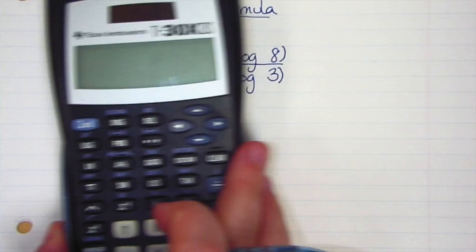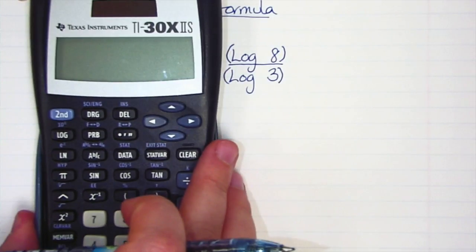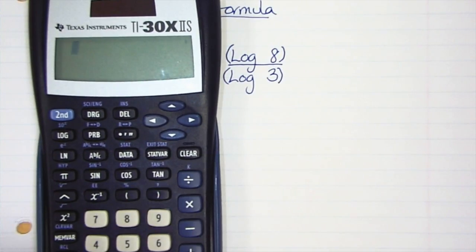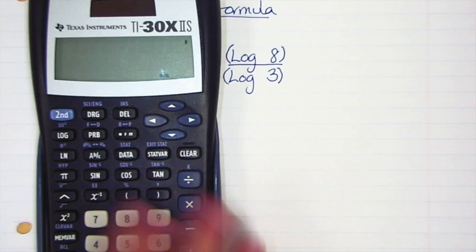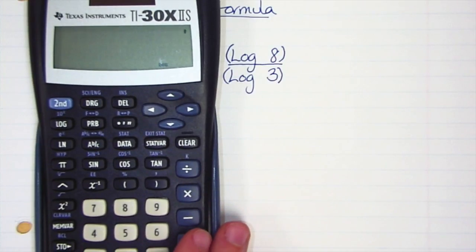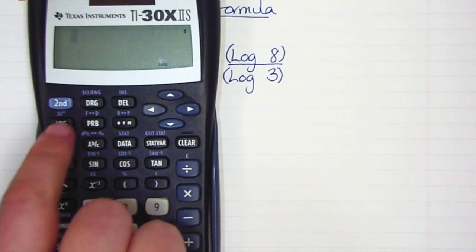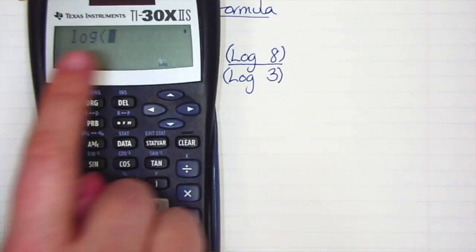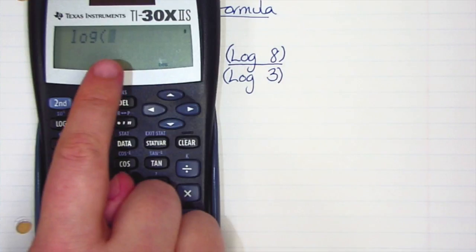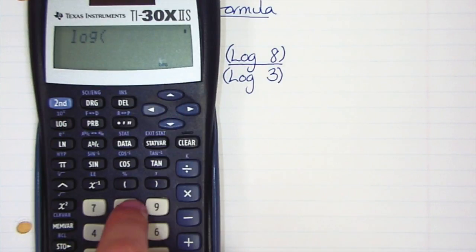Another quick note is that you have to be very careful of how you plug this into the calculator. Different calculators do things different ways, and so you want to make sure that you're familiar with the calculator that you're using. But if you're using a calculator that looks like mine, this is the kind that I suggest in the syllabus, you're going to hit the log button, and it's going to show you, similar to how it's written on the page, log of a number.